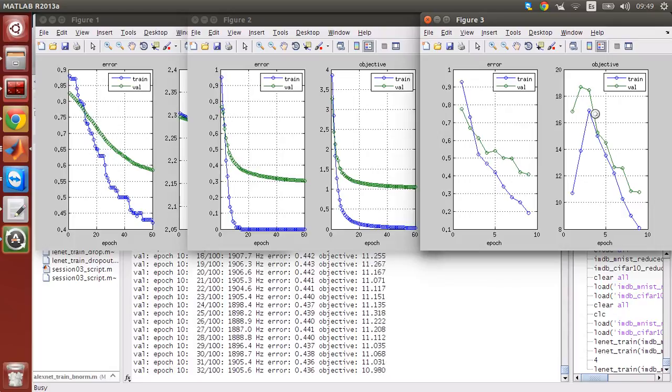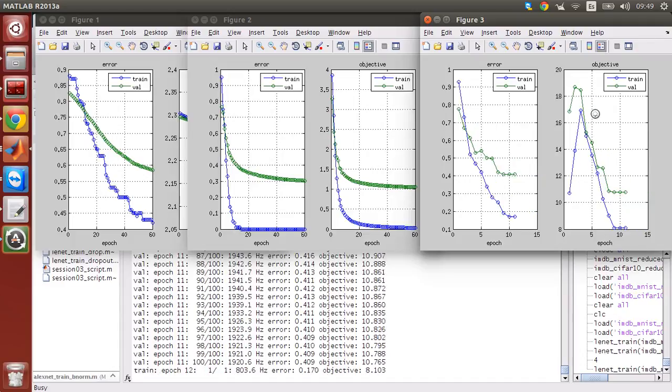You see that the validation error has already reached 40%. We're gonna wait for a couple of iterations until we reach the 60 epochs. So we're gonna speed up.